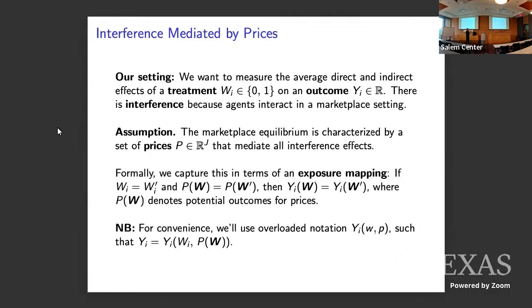Essentially, here, what we're going to assume is that we're in a marketplace. Goods are bought and sold at a given price, and this price mediates all interference effects. So as an exposure mapping, what I'm going to say is that for a treatment vector assigned to everyone, for the ith person, if two different treatment vectors give me the same treatment and yield the same market equivalent prices, then outcomes are going to be the same.